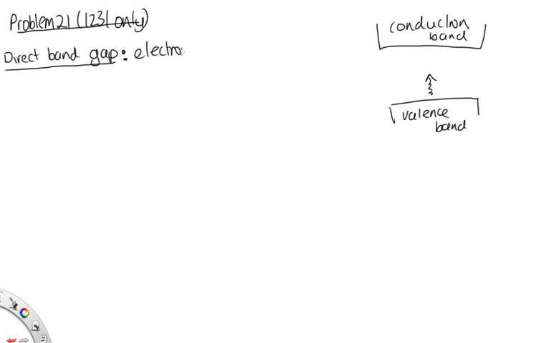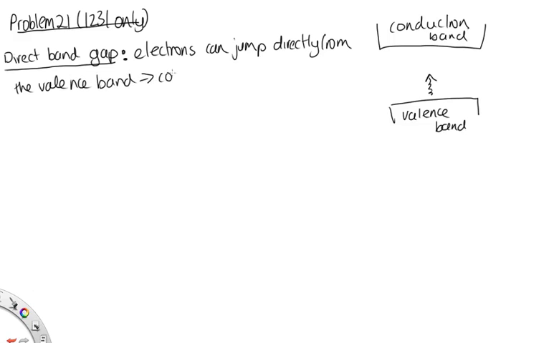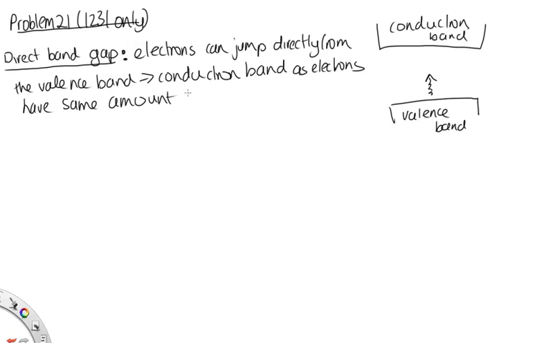Electrons can jump directly from the valency band to conduction band as electrons have the same amount of momentum in these bands.